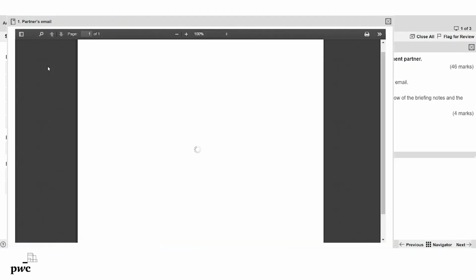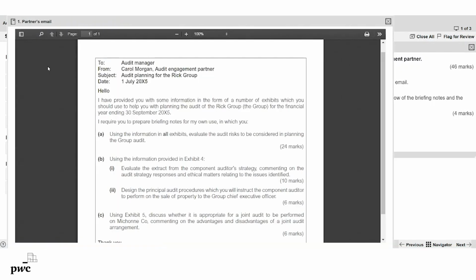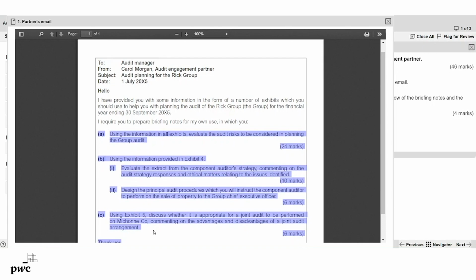The requirements themselves are located in this email from the Audit Engagement Partner, in which the Audit Engagement Partner asks me, the Audit Manager, to perform some planning activities. And these activities are the actual requirements.